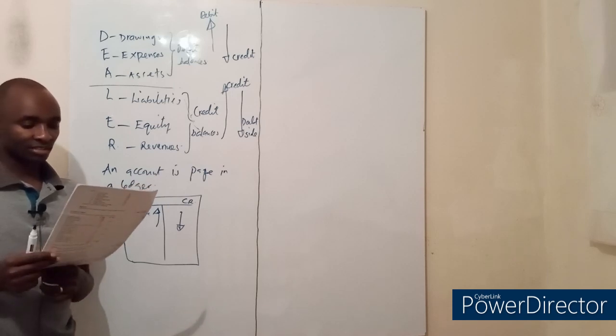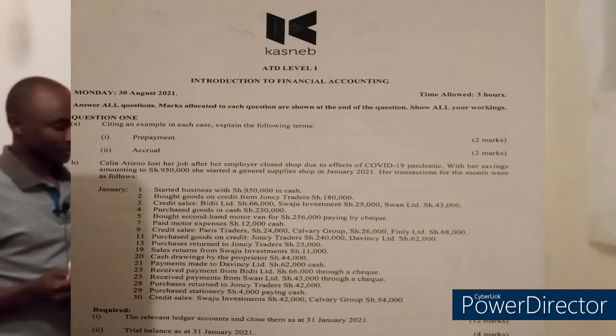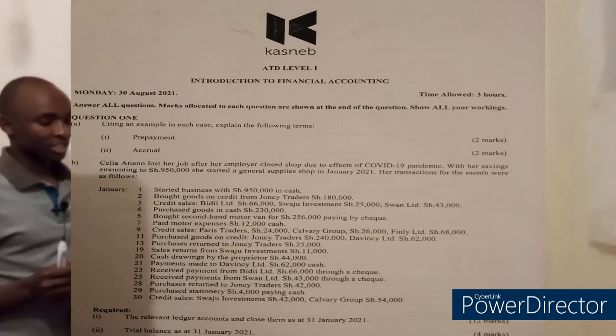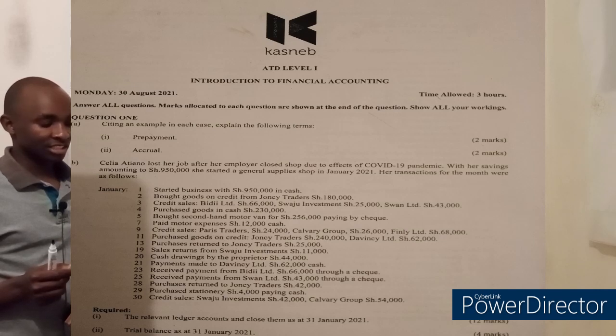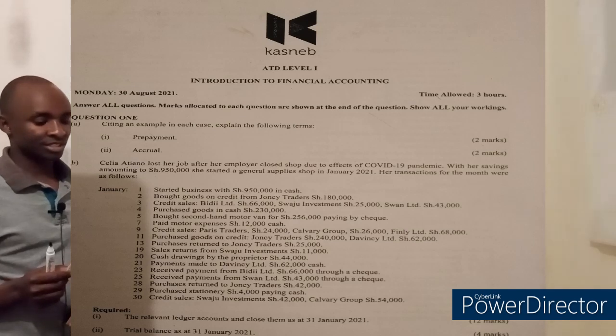So let's try and attempt this question. Celia Atieno lost her job after her employer closed shop due to effects of the COVID-19 pandemic. With her savings amounting to 950,000 Kenya shillings, she started a general supply shop in January 2021. Her transactions for the month were as follows.